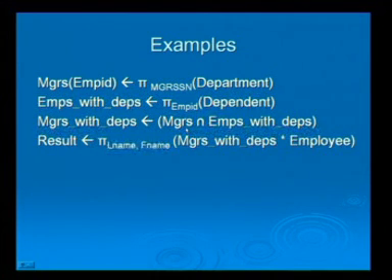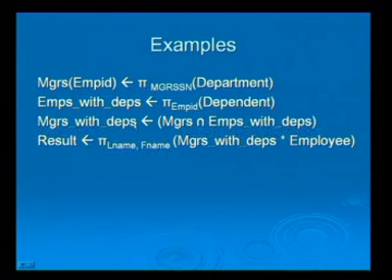And to retrieve the names of the managers who have got dependents, we have to get the intersection of these two relations, that is managers intersection employees with dependents. So, this will give you a relation with the employee IDs of the managers with dependents, but this is not really what we want.